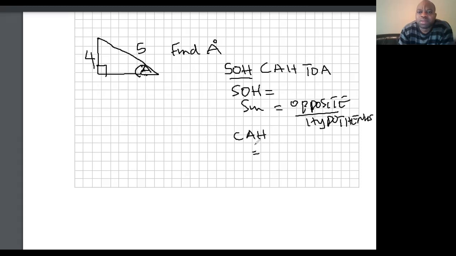That is cosine equals adjacent over hypotenuse.